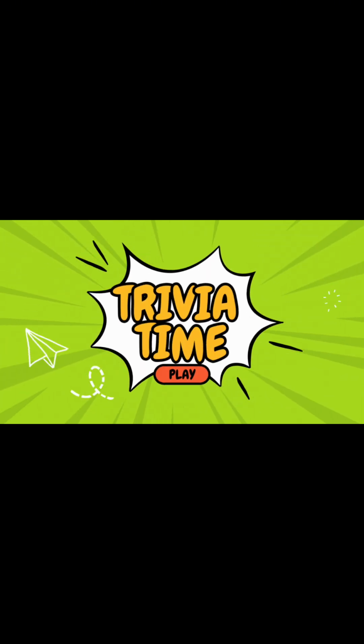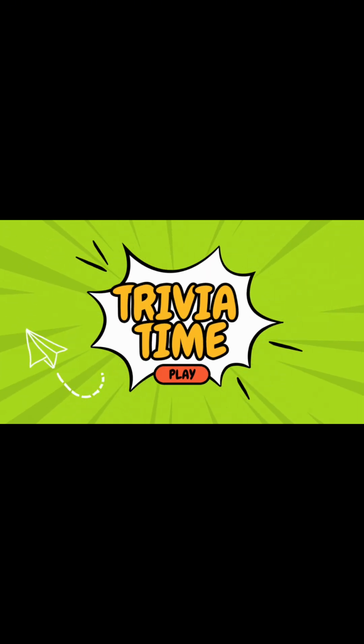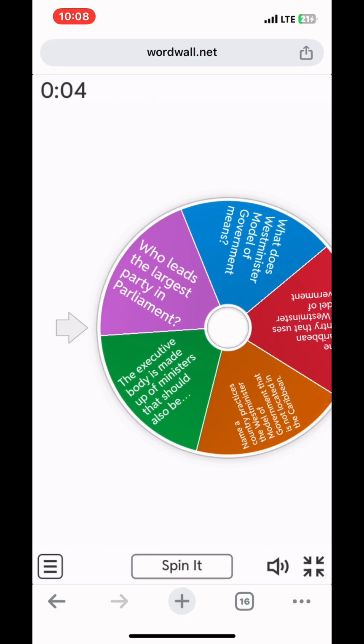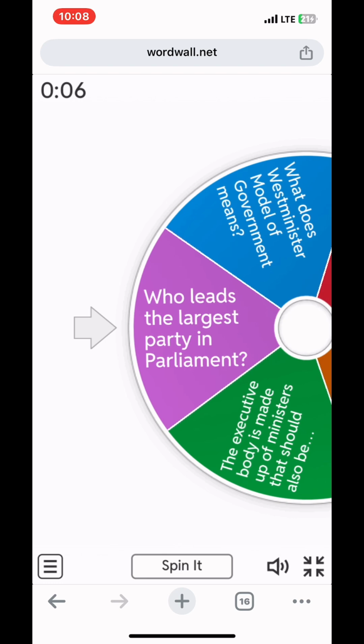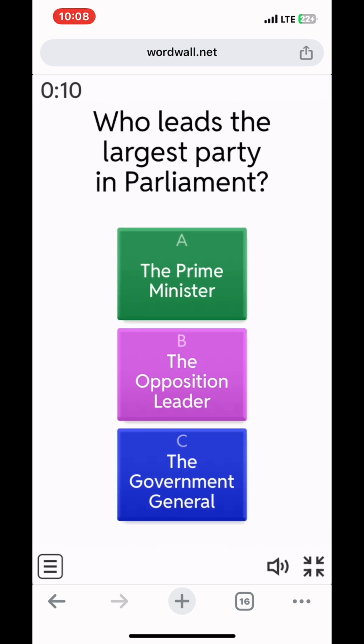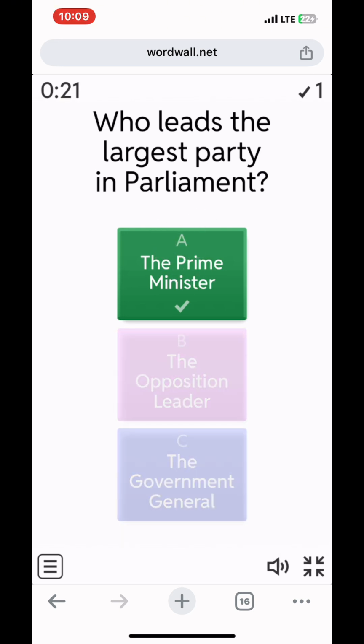It is now trivia time. Let's see what you have learned. Who leads the largest party in Parliament? If your answer is the Prime Minister, then you are correct.